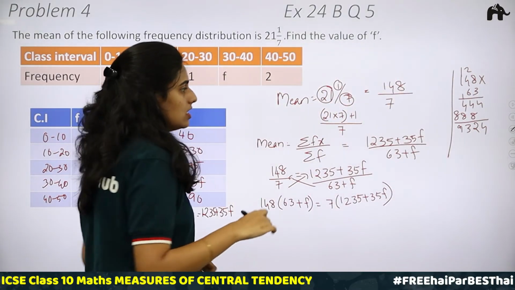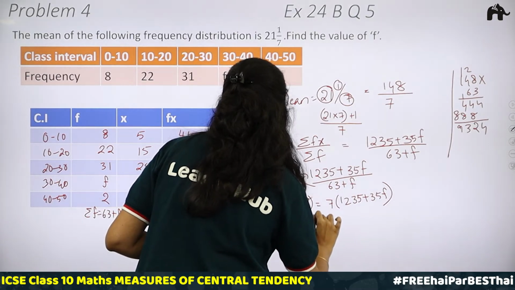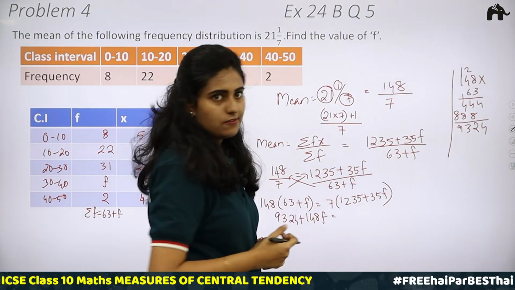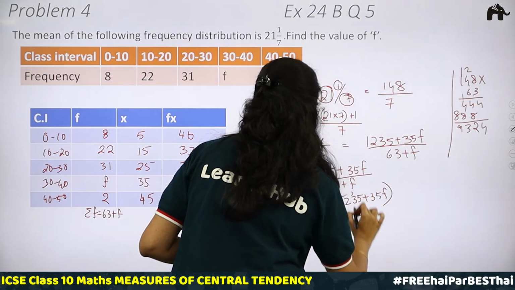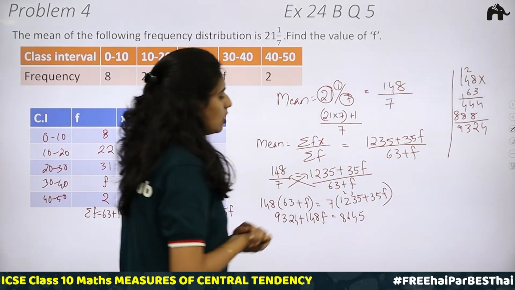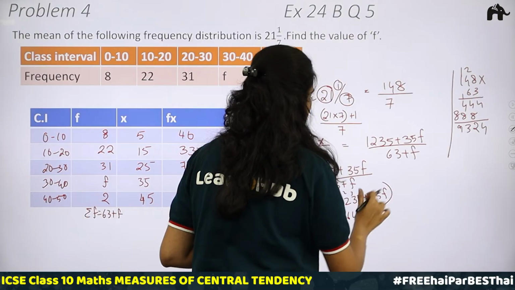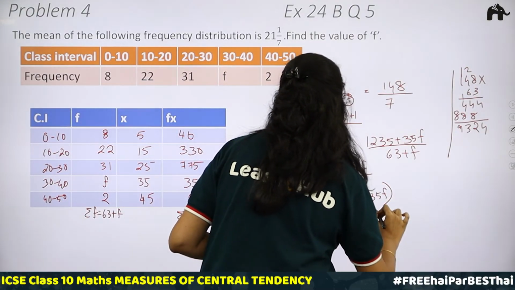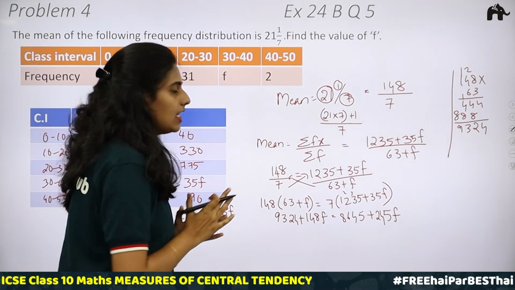So 9324 plus 148F is equal to, now multiplying 1235 with 7, you will be getting 35, 24, 16, 8645, plus 7 into 35F. You will be getting 245F. Okay, 245F.